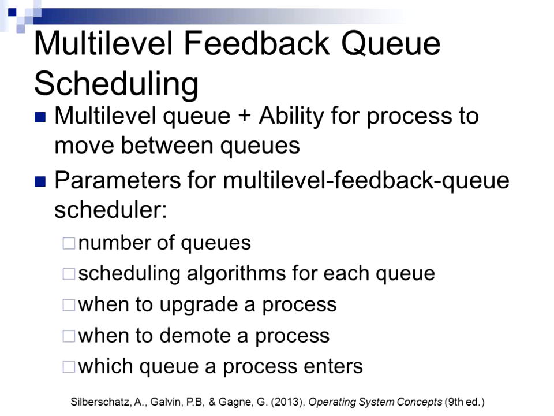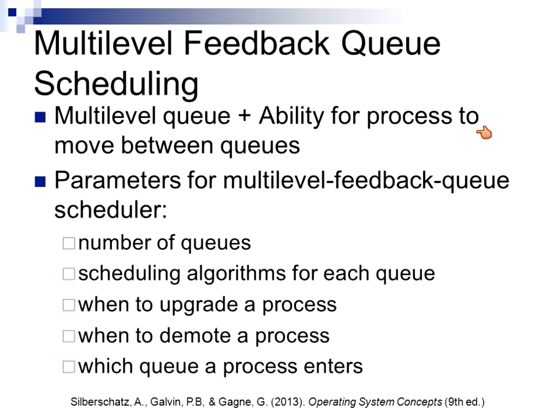we have what is called multi-level feedback queue scheduling. And so with multi-level feedback queue scheduling, we not only have multi-level queues, but we can move processes from one queue to another.